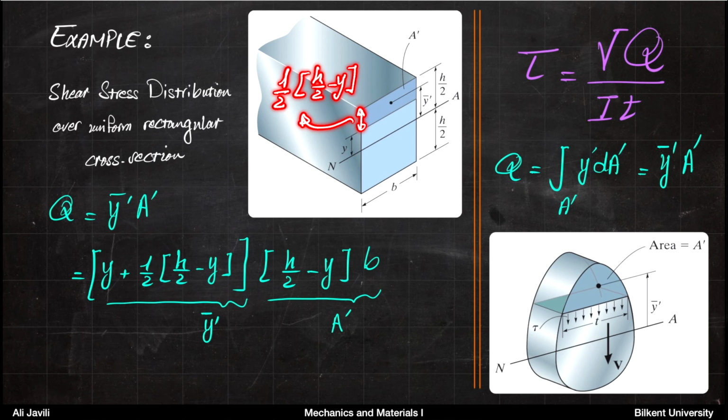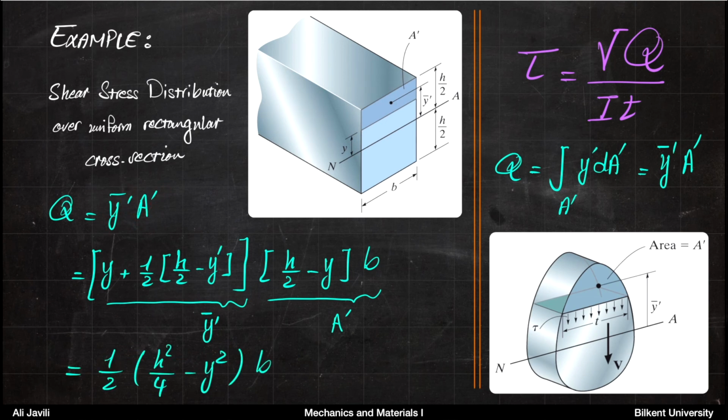So we take half of that height. So that's why you have a factor 1/2 here, plus y itself. Okay, so this distance is half of that height plus y itself. And that's what you see here. Okay, now that you have y bar prime and A prime, you just multiply them and you have this formula, this relationship.